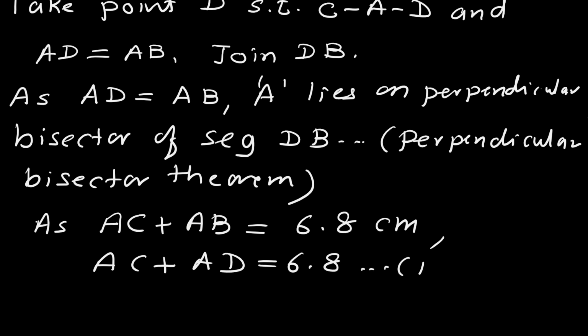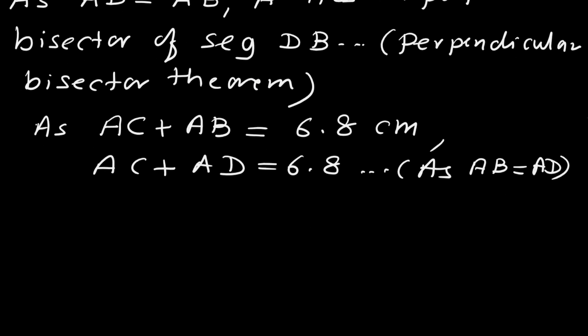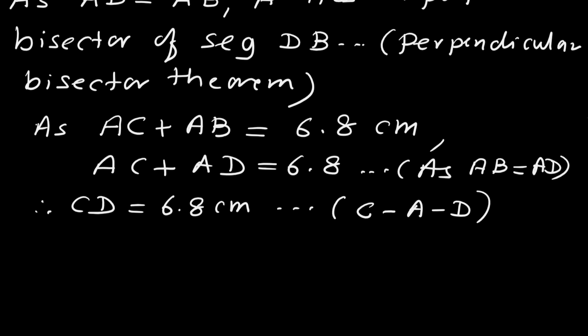Reason: AB and AD are equal. So what is the last step in analysis? CD is equal to 6.8 centimeters. Reason: C-A-D.